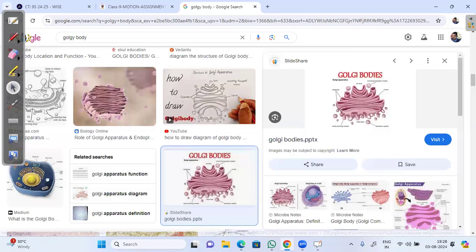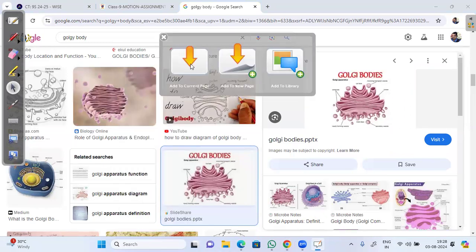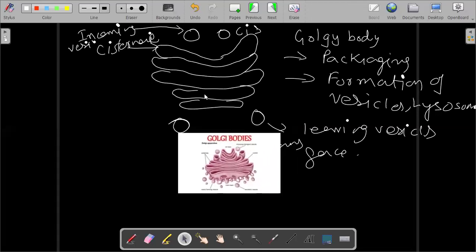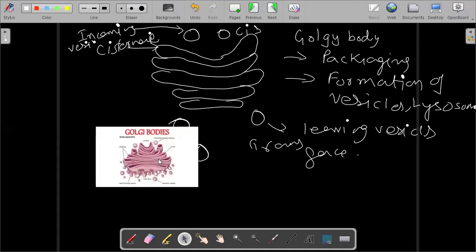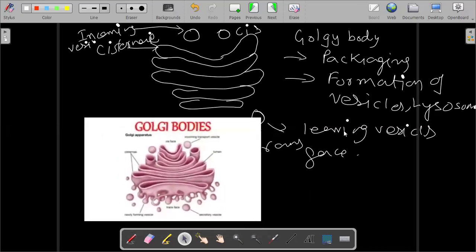Okay, let's try to make this diagram of the Golgi body. However, my drawing itself is not that good, but I expect you to draw a good diagram of the Golgi body. Draw this diagram of a Golgi body.